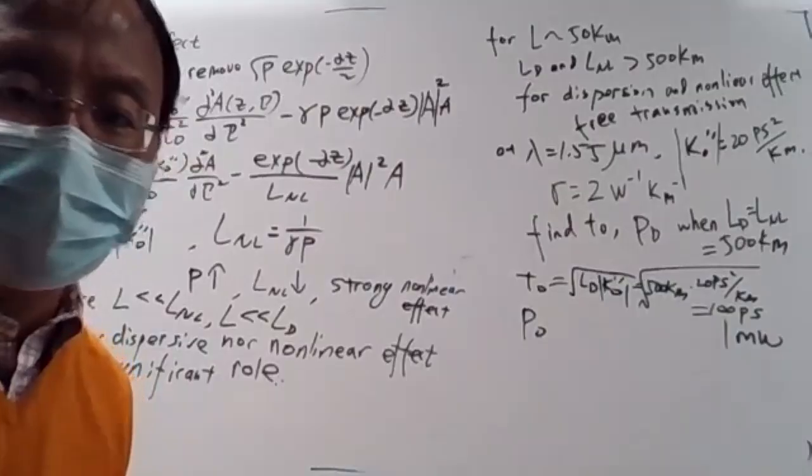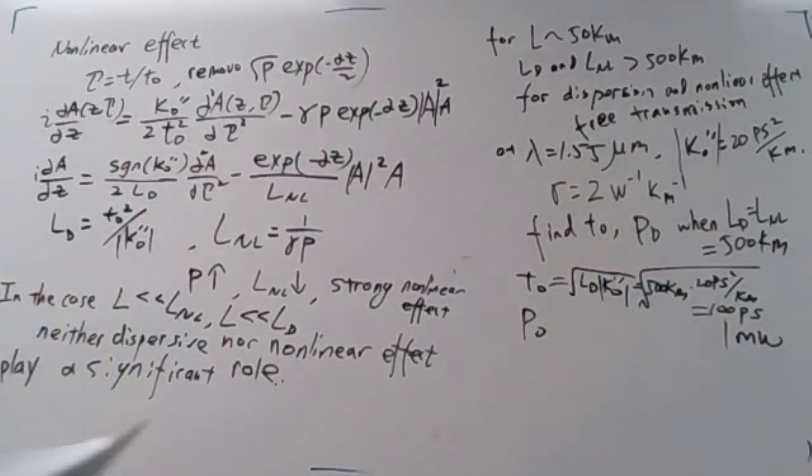Times the 20 picosecond squared over kilometer, and take a square root. This happened to be 100 picosecond. Okay, can you all see it? Yeah. Okay.